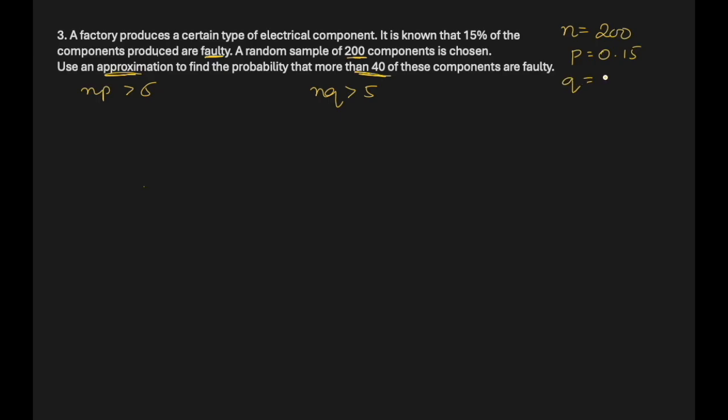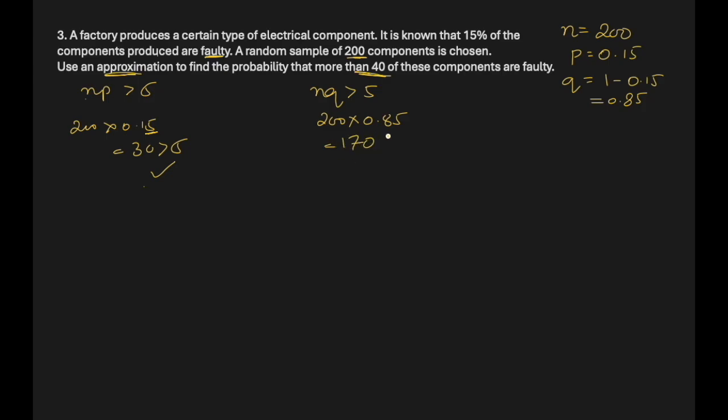And q is the probability of failure, which is 1 minus 0.15, which is 0.85. Okay, so let's see. n, 200, times the probability of success gives 30. Yes, 30 is greater than 5. Done. It's good. Obviously, if I multiply by 0.85, it will definitely be even more than 5, it will be 170.